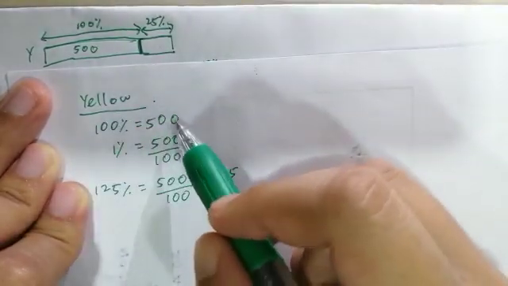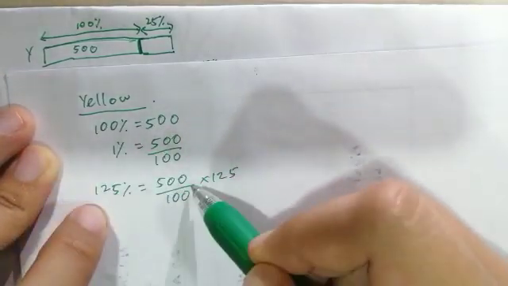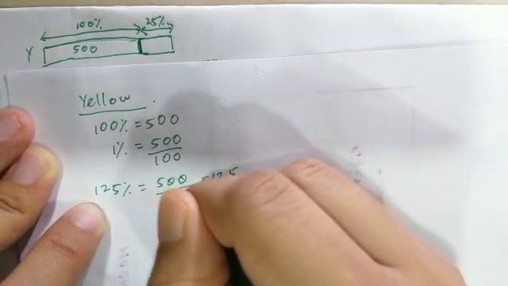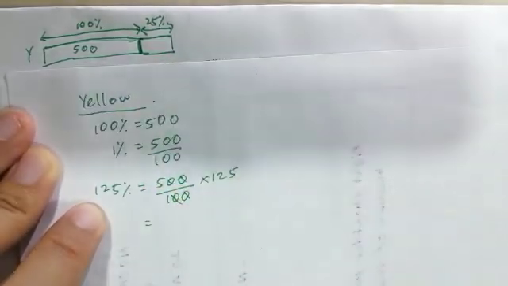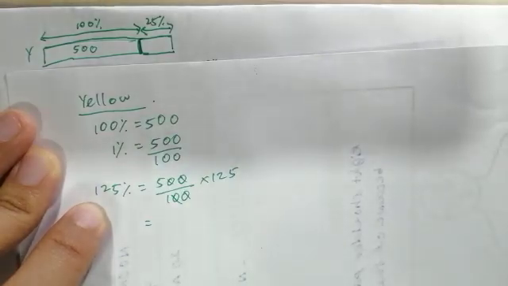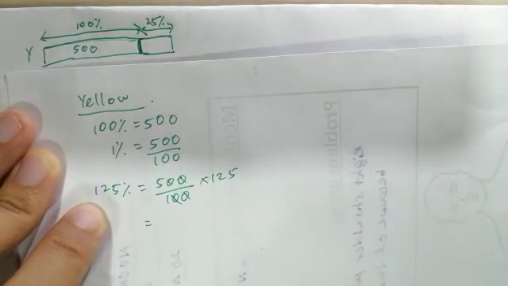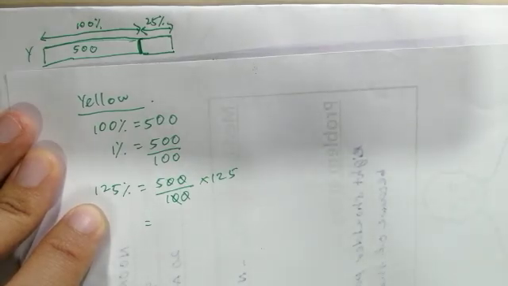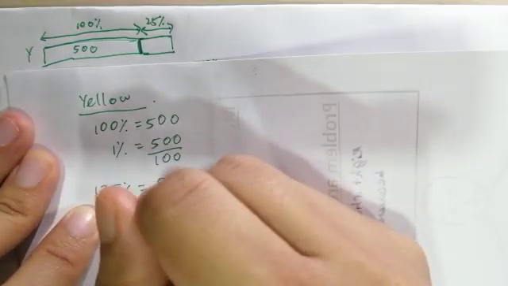So some of you, I think level 2B or 2A, you can go straight away to 125% here. Right? If you know how to do. Cancel. 125 times 5 will give me 625.